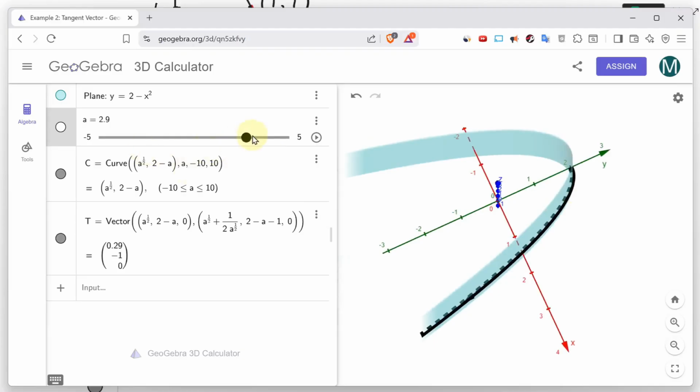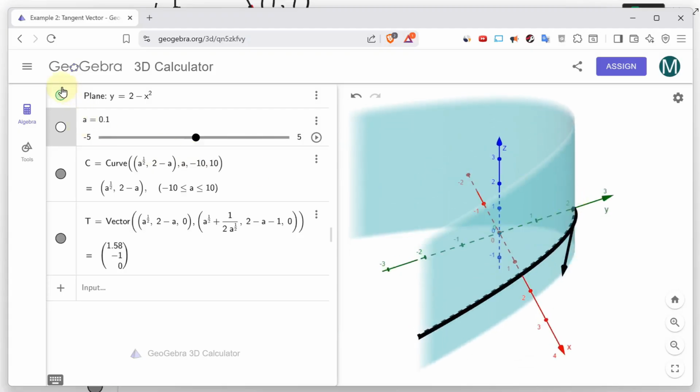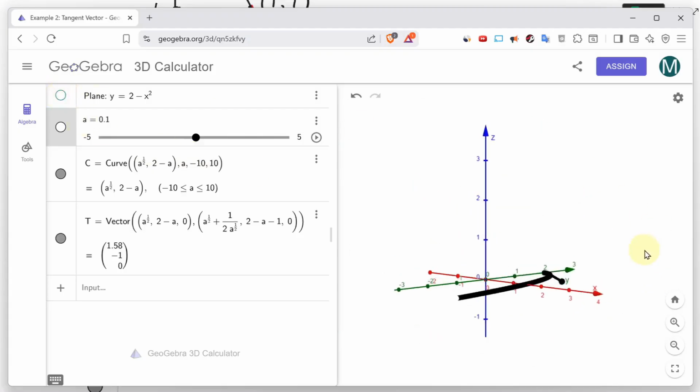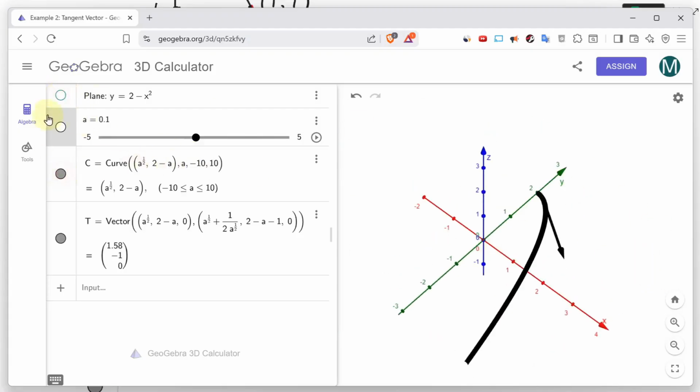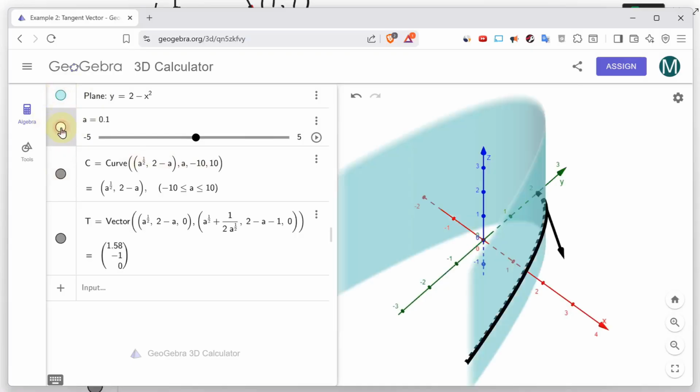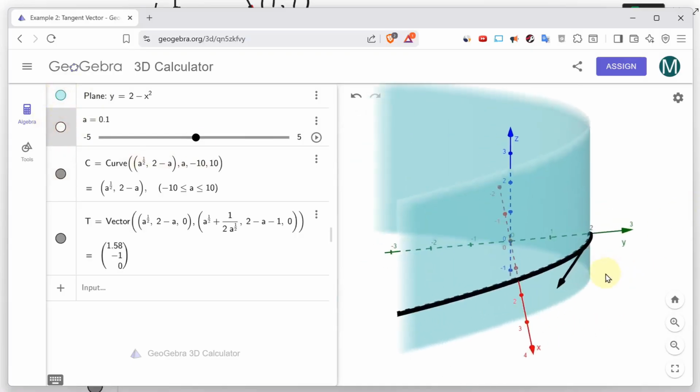I'll go all the way across here. You can see it's a bit nicer there, and you can also play around with the plane curve. There's a surface on there, there's a plane, and yeah, epic stuff there.